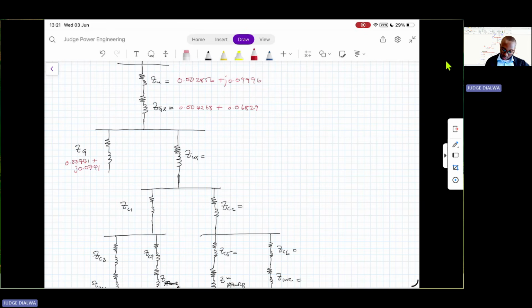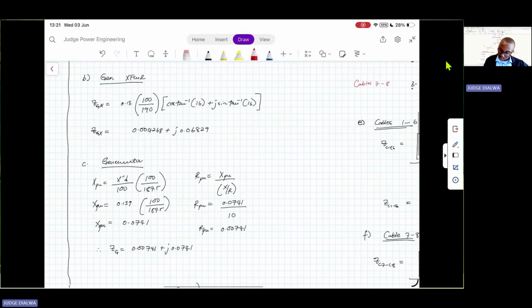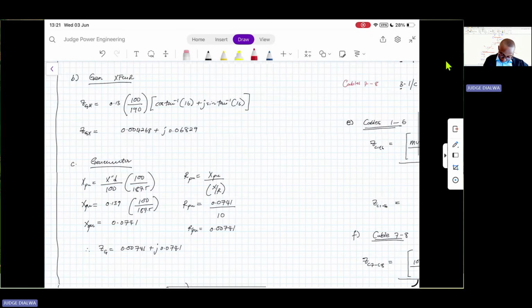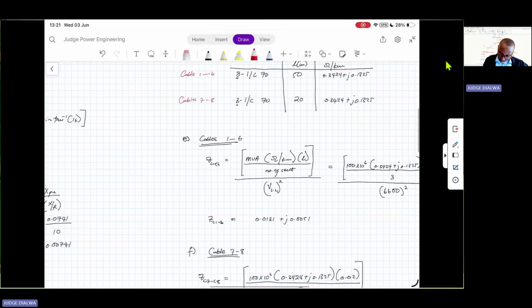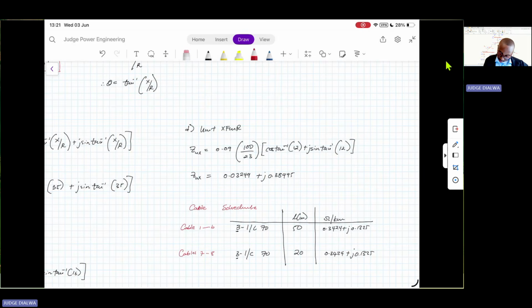Our unit transformer or our HV unit transformer, we had 0.03249 plus J 0.38995. We calculated all these earlier, remember. There's our HV.